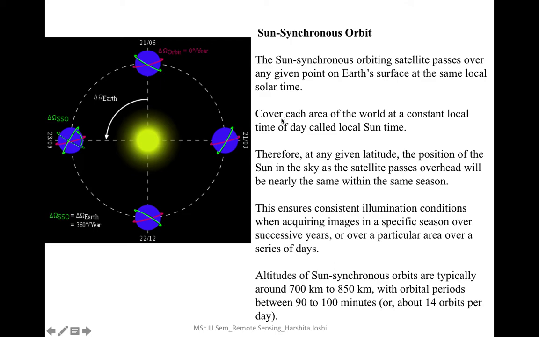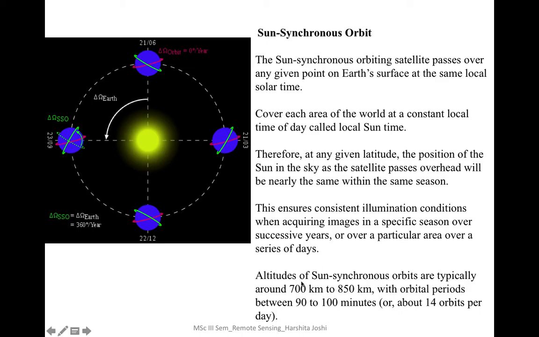They cover a constant local time of the day. At a given altitude, these satellites pass overhead of the same location, and they can also give us data in different seasons. So these are helpful in that way.